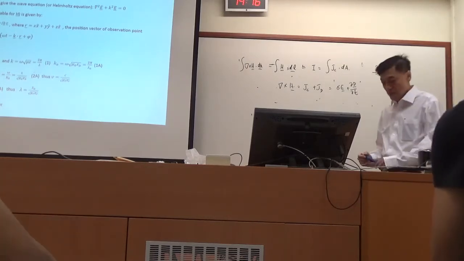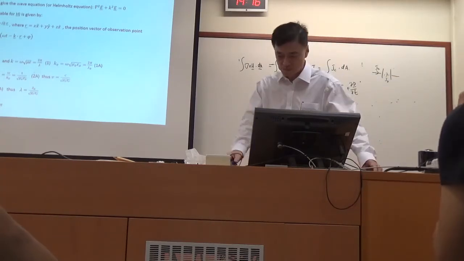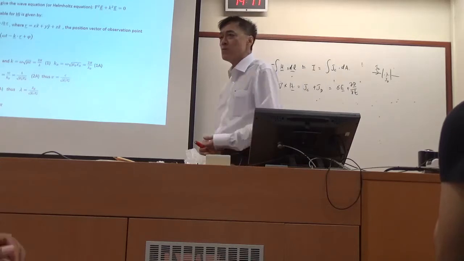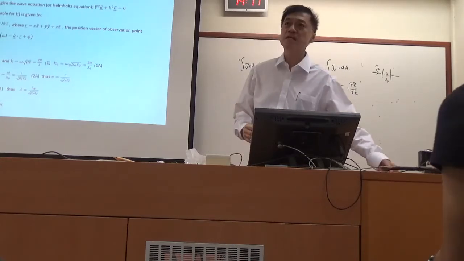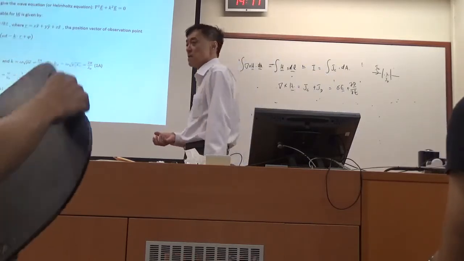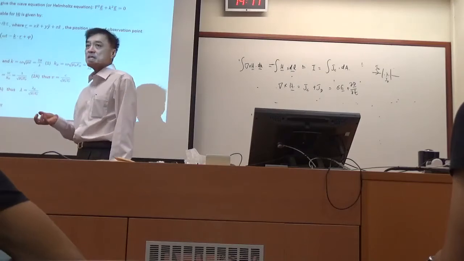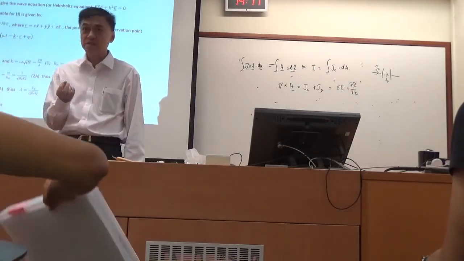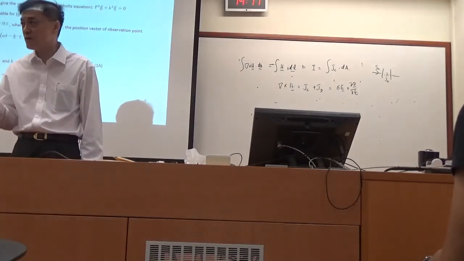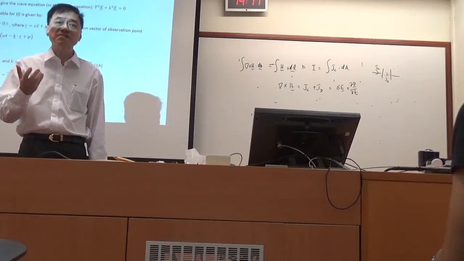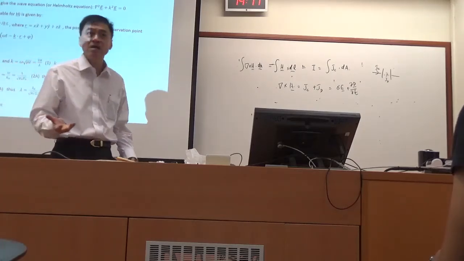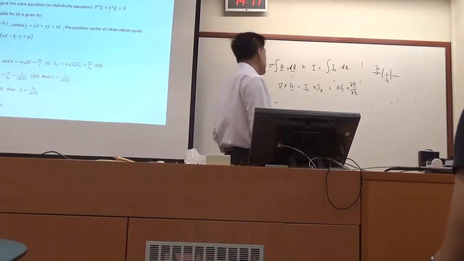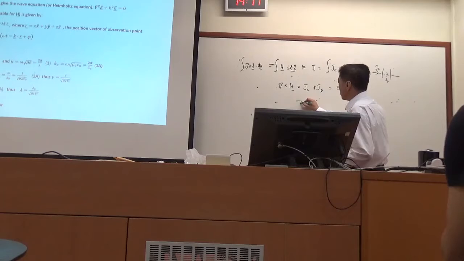Now, when we propagate in free space, in lossless media, we only have this one. When you have conductivity, that means you have resistivity, because resistivity is equal to 1 over conductivity. So you have resistivity, you have loss, correct or not?